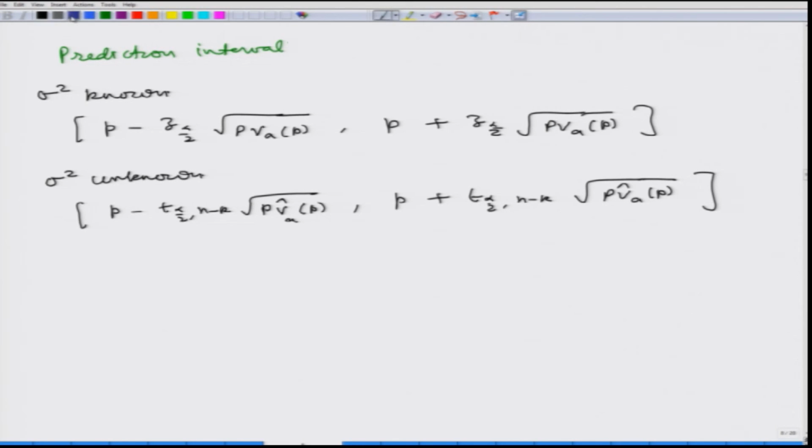Now, another interesting question comes here: we are using this P for making a forecast for average value as well as for the actual value.